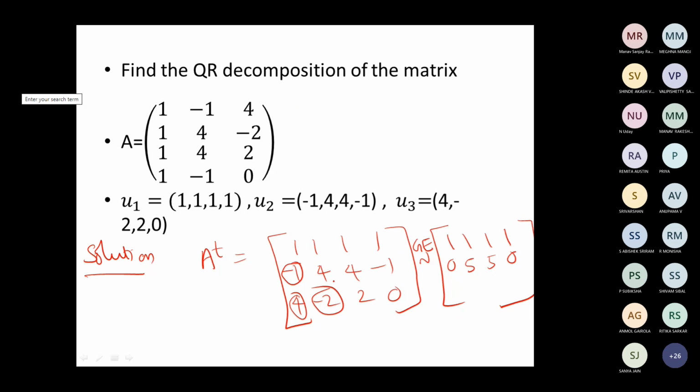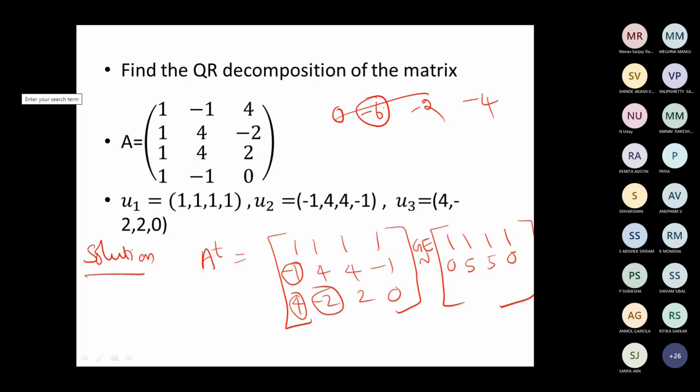Okay, what about the third row? When you apply the operation, it becomes 4 minus 4, 0; minus 2 minus 4, it becomes minus 6; 2 minus 4, it becomes minus 2.